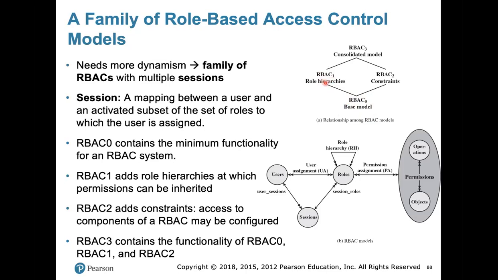You have a role here in RBAC1 which is inherited from a role in RBAC0. For example, you have a role in RBAC0 that has access to some files for read and write. Here you have a role which is inherited from that role, which means that it has some of the permissions, some of the access rights of that role, and some of them are not inherited.